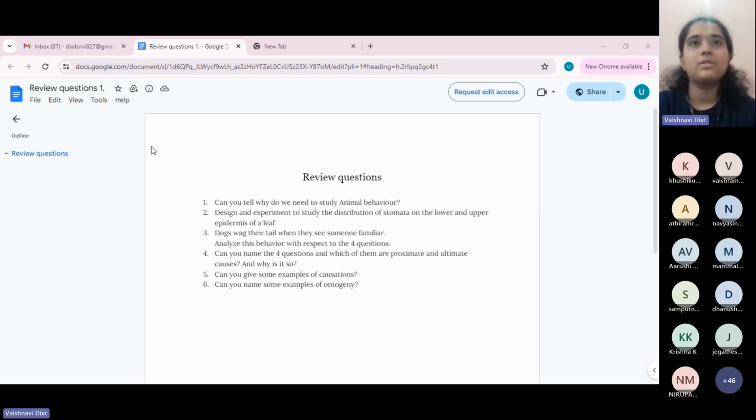Some examples of ontogeny. Ontogeny is like learning patterns. Okay, what types of learnings do you guys remember?